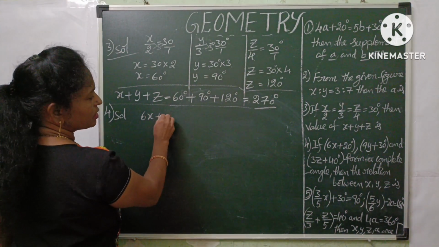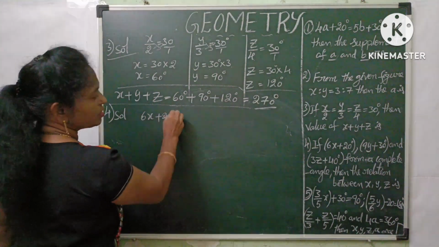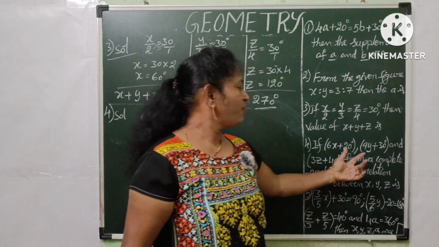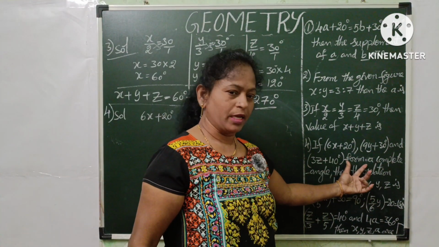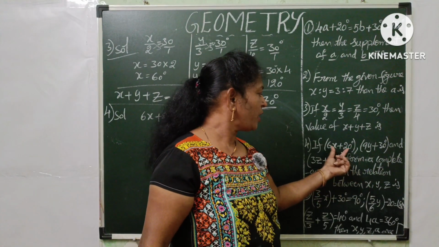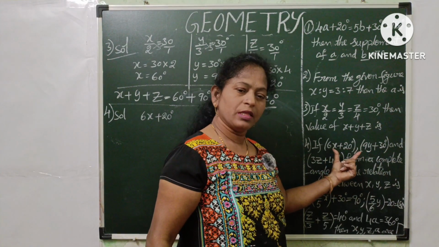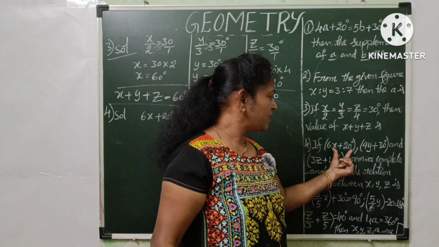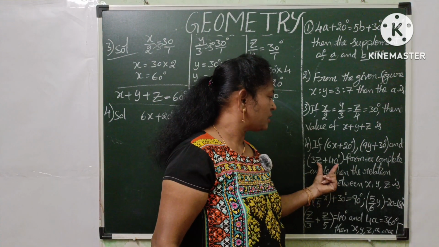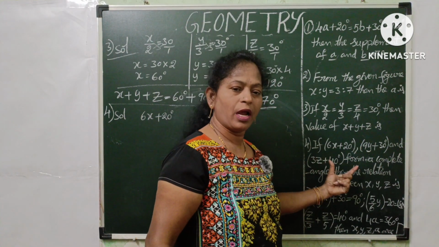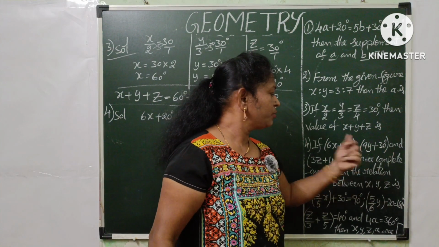Okay. Now 6x plus 20 degrees. What did they say here? They said it forms a complete angle. So we need to add the first angle plus the second angle. These are the expressions. This and this: three expressions we need to add, equal to a complete angle.